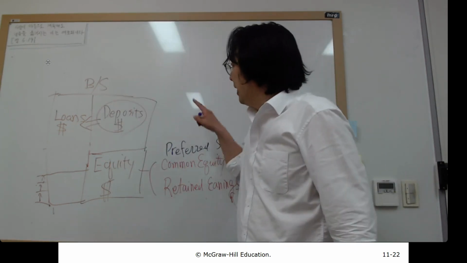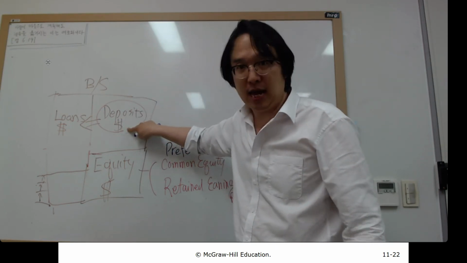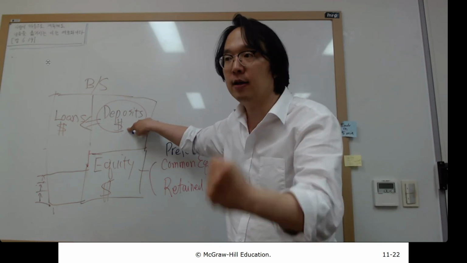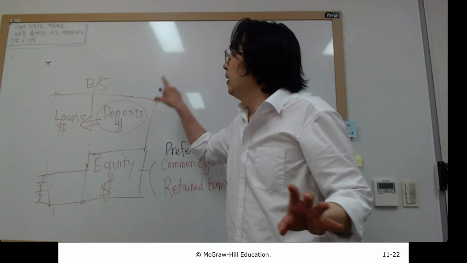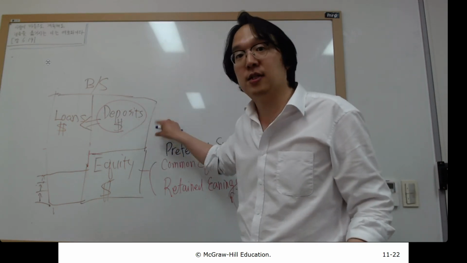So on the liability side, I highlighted deposit as the most important debt that you have to repay. Don't touch that. But you have other additional liabilities in this balance sheet.